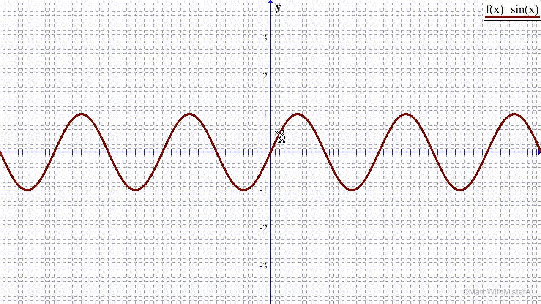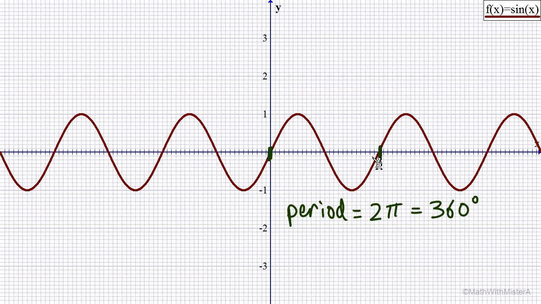We know that these trig graphs have a periodic repeating pattern, and we are interested in finding the period, which is the distance it takes to complete one cycle. With cosine and sine, we talked about the period being 2 pi radians, or 360 degrees.